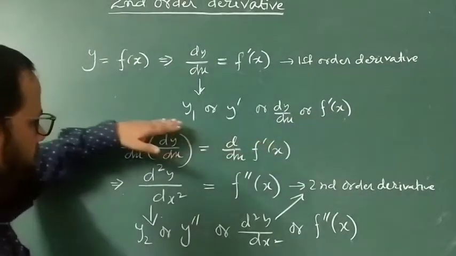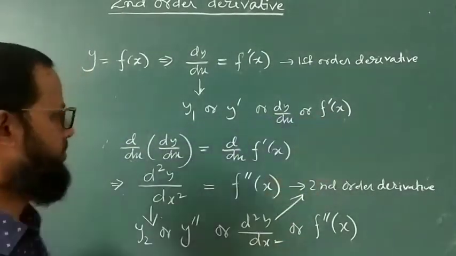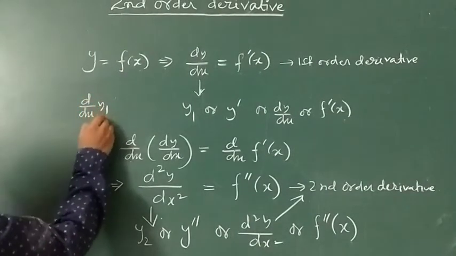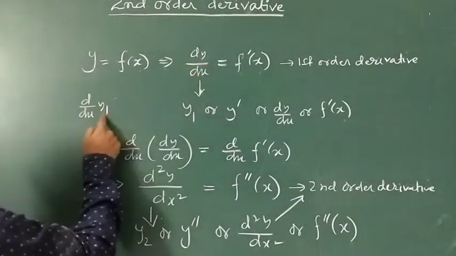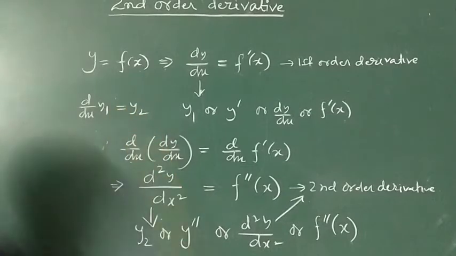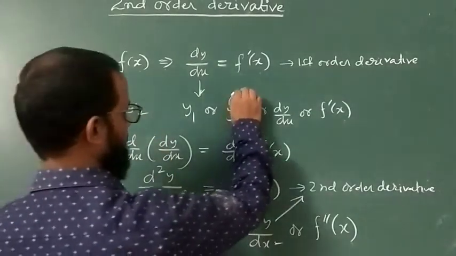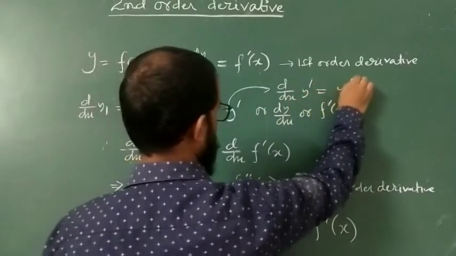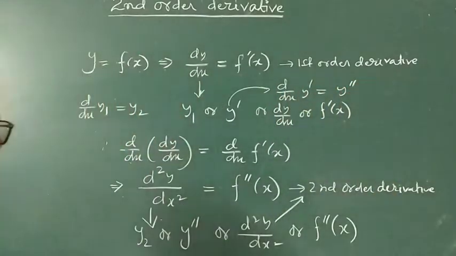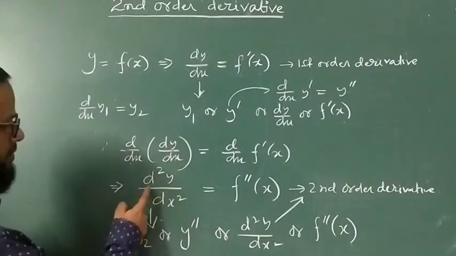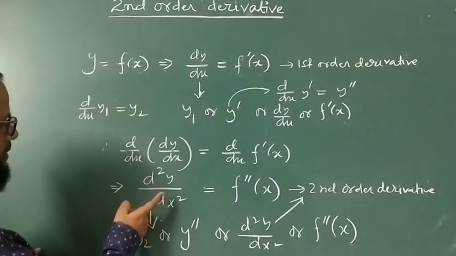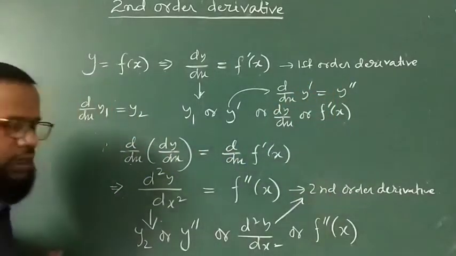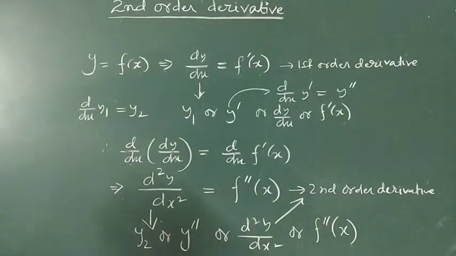Then if you differentiate this again, it means d/dx of y1. y1 means dy by dx. d/dx of y1 will be y2. Similarly, d/dx of y dash means y double dash. Again d/dx of dy by dx means d2y upon dx2. d2y upon dx2, y2 or y double dash are all the same.